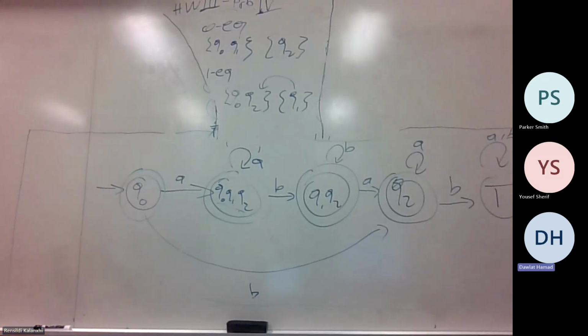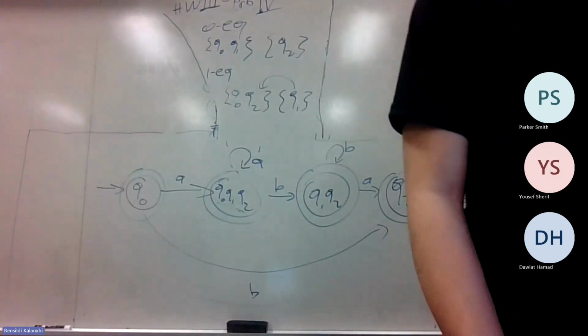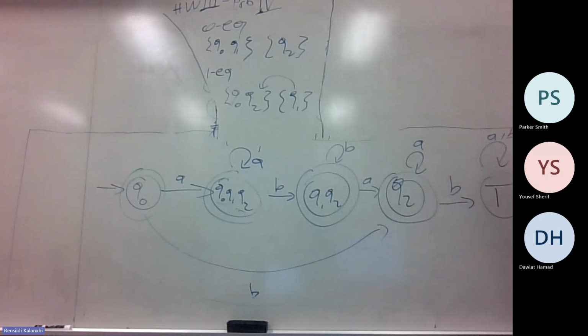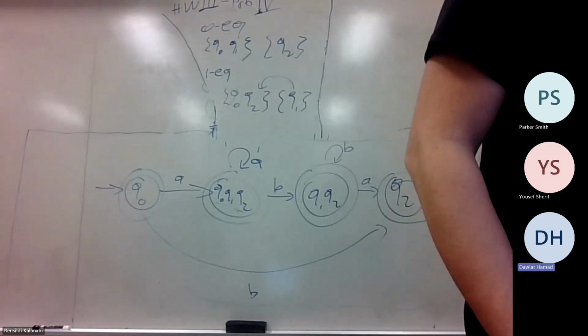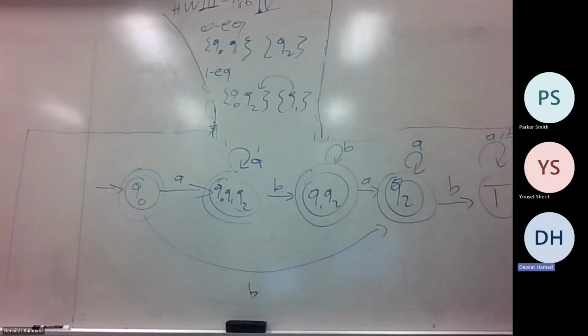Yeah. I have written here somewhere that if there is a lambda transition, those two states are the same. He said also in the discussion for the midterm, a correction for one of the problems he did in class. And that one doesn't start off with a lambda, but it has lambda transitions in it. Oh yeah.